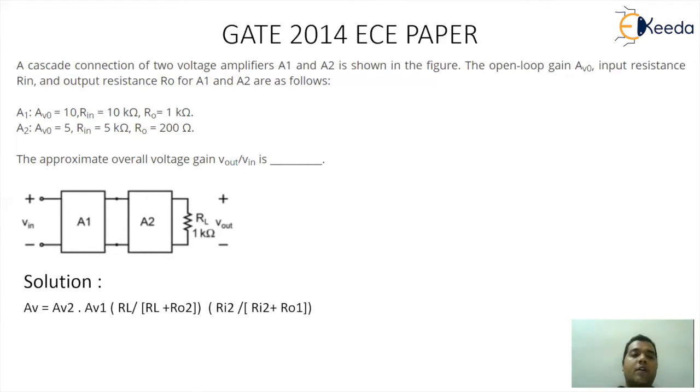So when you talk about the value of A_V2 into a factor, on similar lines, we will have A_V1 into the factor. Because when we talk about the output of the first amplifier, the output of the first amplifier will be the voltage source and then multiplied by the input resistance of the second amplifier divided by R_i2 plus R_o1. So this is all coming into picture because of the internal connections.